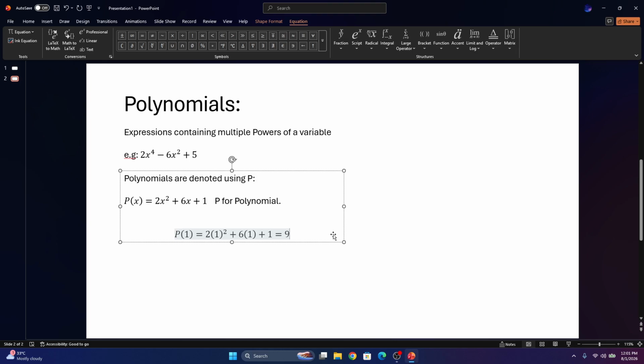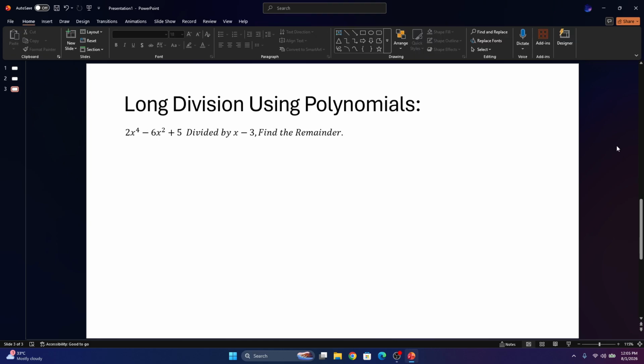However, this is not our main workings for this chapter. Our first major working for polynomials is actually long division. Now, when we're asked to divide a polynomial by either a linear or any other type of expression, it can even be divided by another polynomial, then we have to use a method called long division, especially if we are asked to find the quotient of the division.